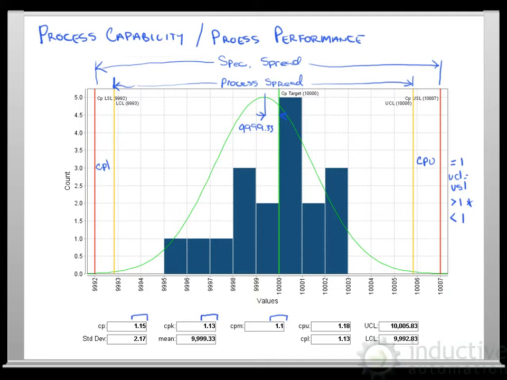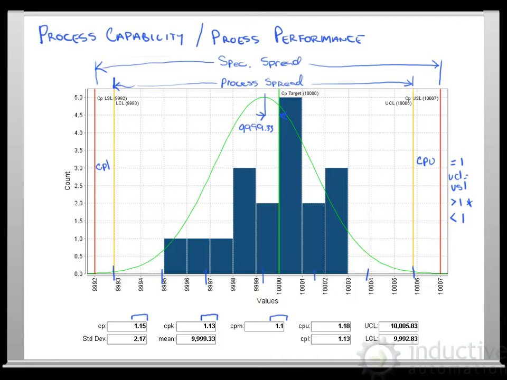Now we talked about standard deviation before, and basically if we take our mean and extend it down here, and then we break this up into 3 sections to the right, and we have 3 sections to the left. So from our mean to our upper control limit here, we have 3 sections.